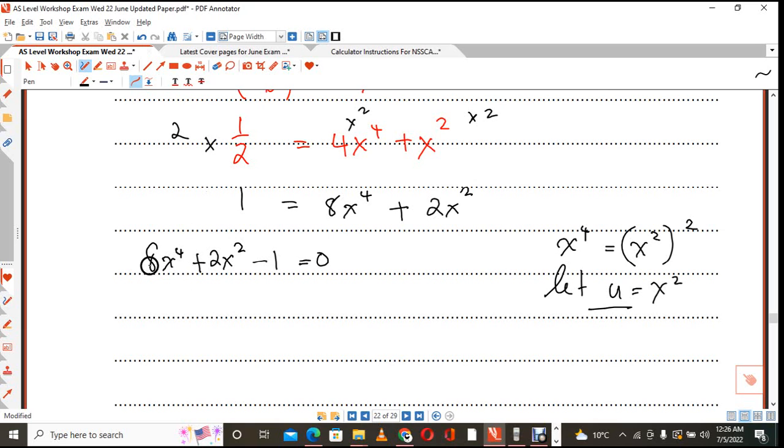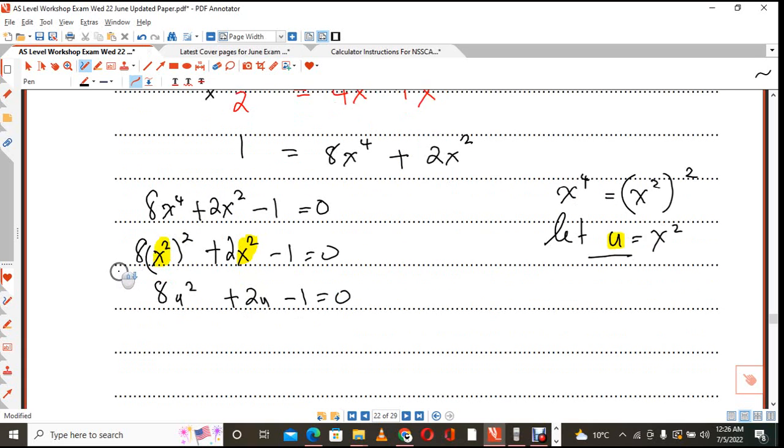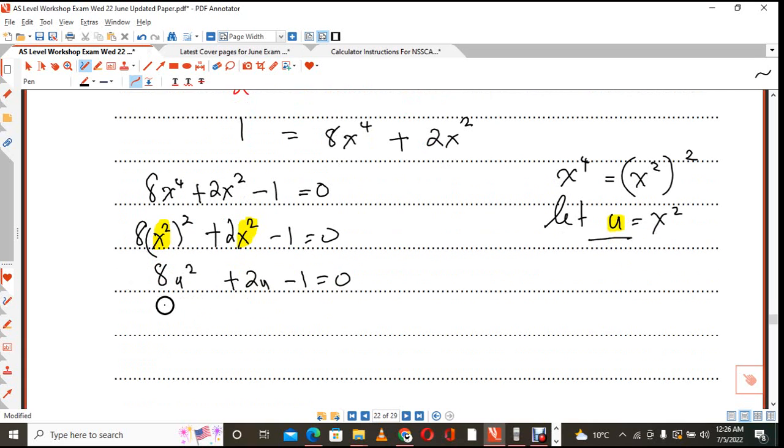So everywhere you have your x squared, you're going to replace it with u. So it's 8u squared plus 2u minus 1 is equal to 0. This should definitely factorize. You can use the quadratic formula if you want to go that way.